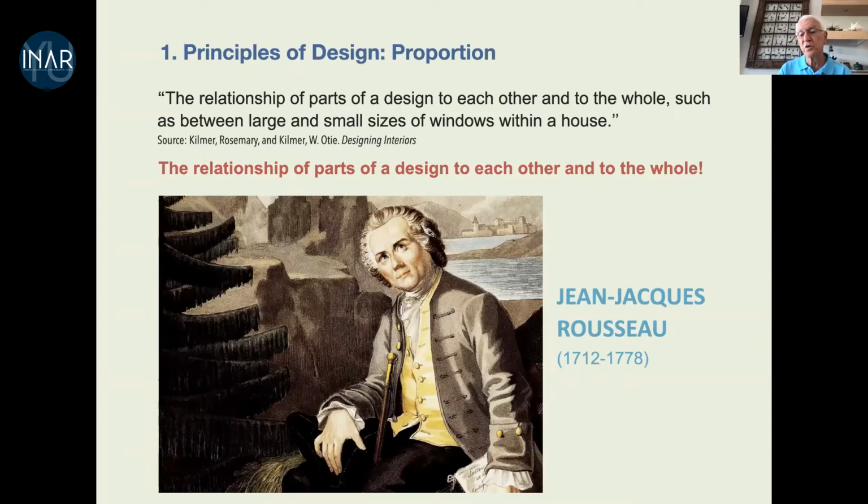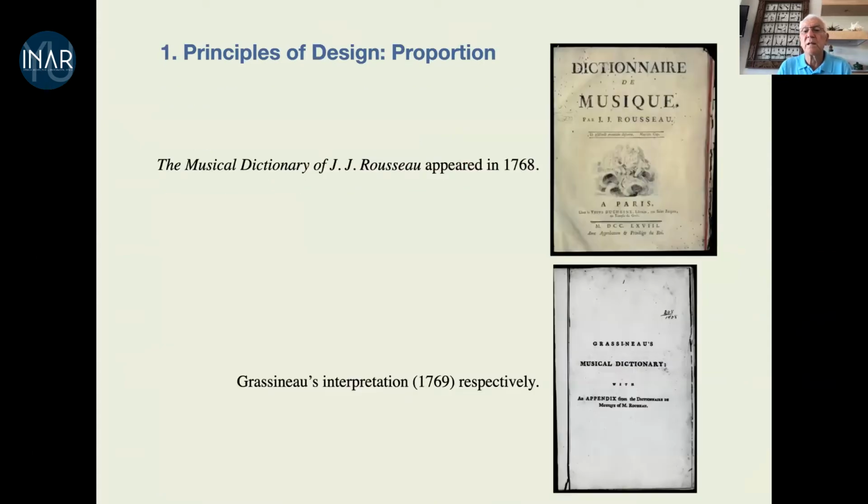He is Jean-Jacques Rousseau, a famous philosopher, thinker, and writer of the Enlightenment in France, before and during the revolution. So what did he say? Well, actually, he published a dictionary of music. A dictionary of music. What has it to do with design? Yes, there is an item dedicated to design. He describes what design is.